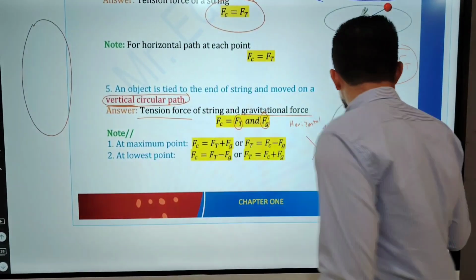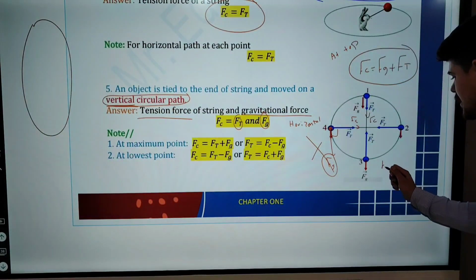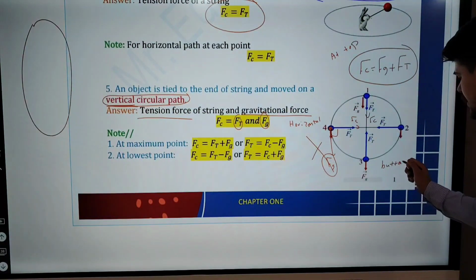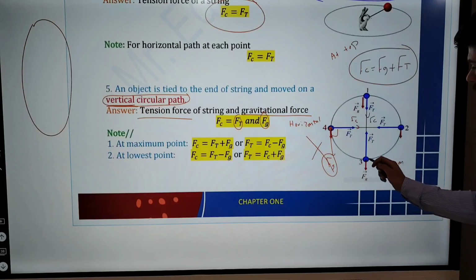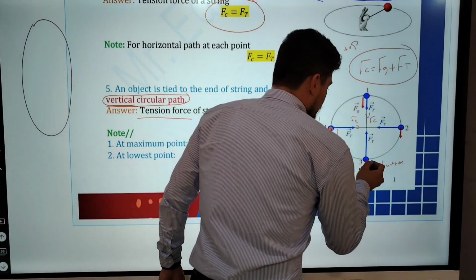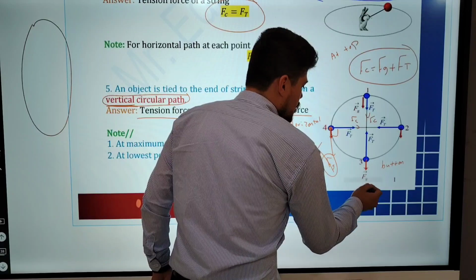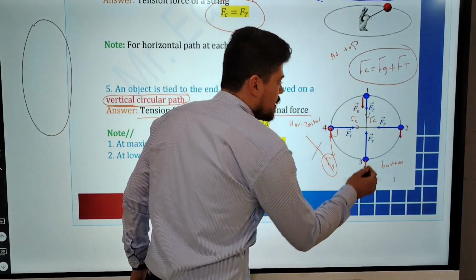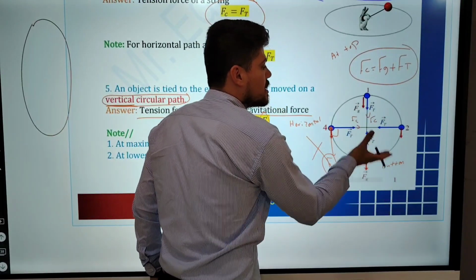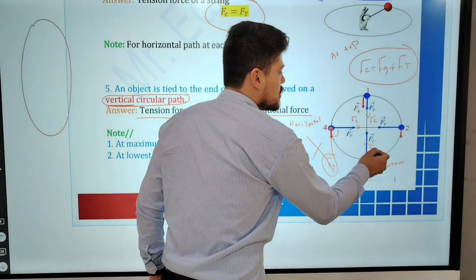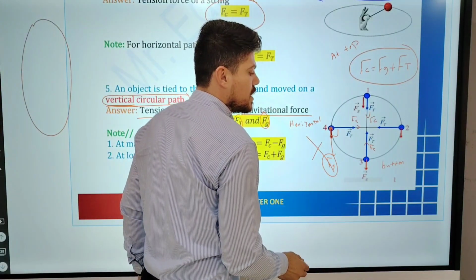Okay, another case, at the bottom of the path. As you can see, the direction of the gravitational force is always downward. Ft is always toward the center, which has the same direction as Fc.